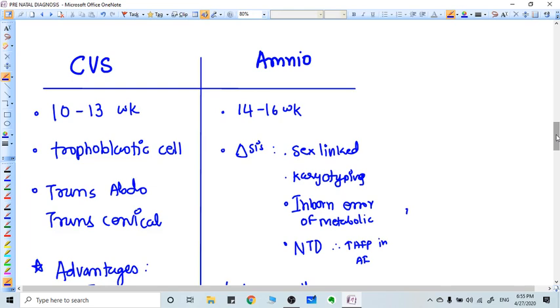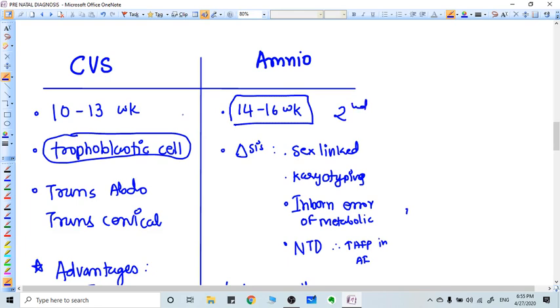The route of the needle can be transabdominal or transcervical under USG guidance. The tissue we get is the trophoblastic cells. And amniocentesis is done at 14 to 16 weeks, which is in the second trimester. CVS can be done in the first trimester, as early as 10 weeks, and amniocentesis can only be done after 14 weeks.